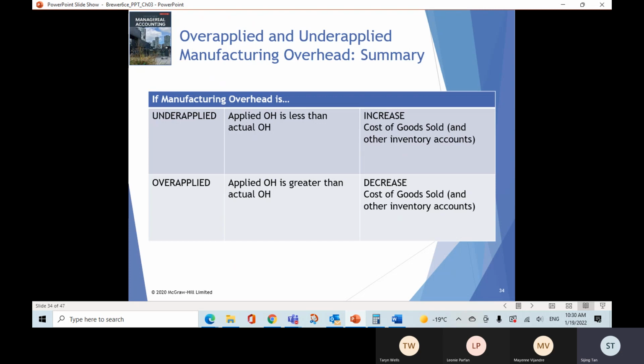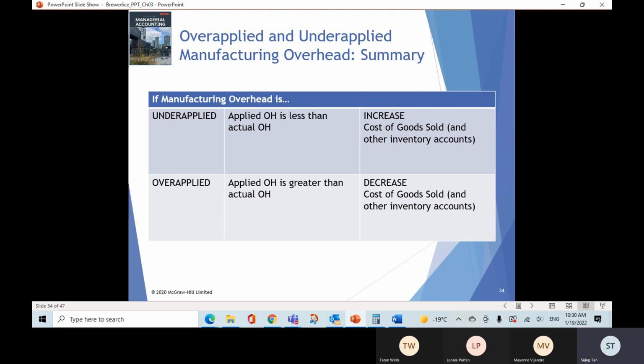If the predetermined estimated amount is greater than the actual amount, we call it overapplied. Okay, so if it's underapplied, the cost of goods sold will be increased. If it's overapplied, the cost of goods sold is decreased.